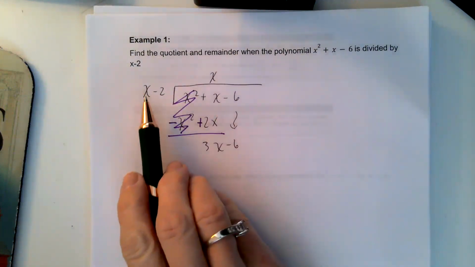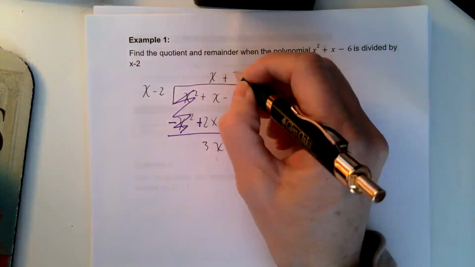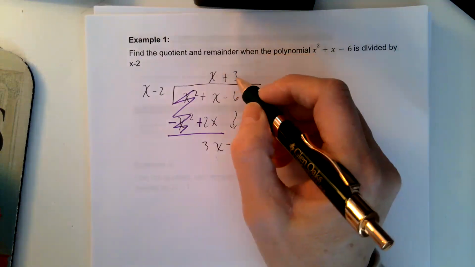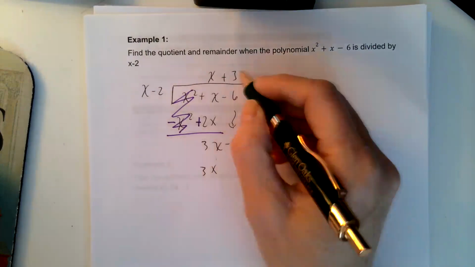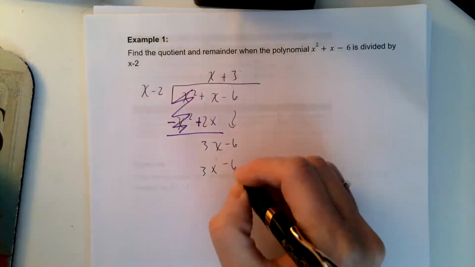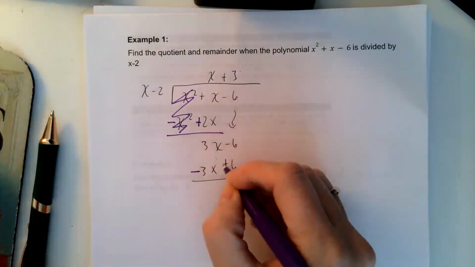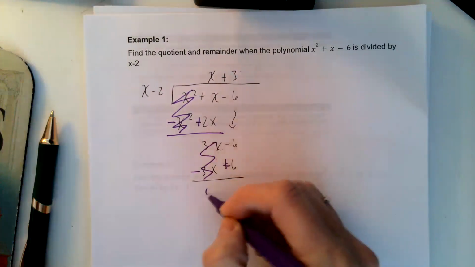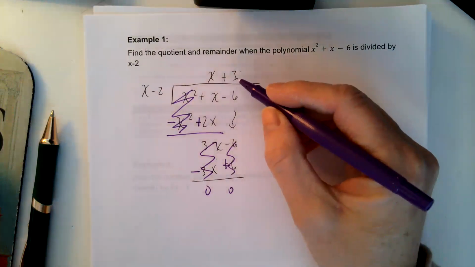Then to get from x to 3x, I have to multiply by a 3. So this is going to be plus 3. And then I'm going to multiply that. 3 times x is 3x. 3 times a minus 2 is a minus 6. And when I subtract, I make that an addition. Those add to 0 and those add to 0. So the quotient is x plus 3.